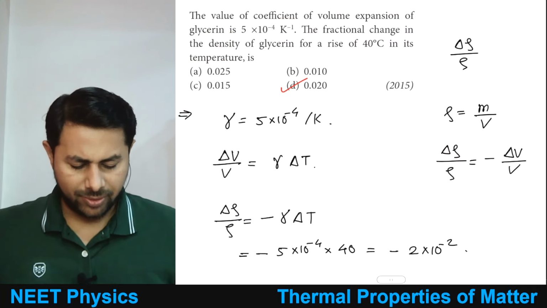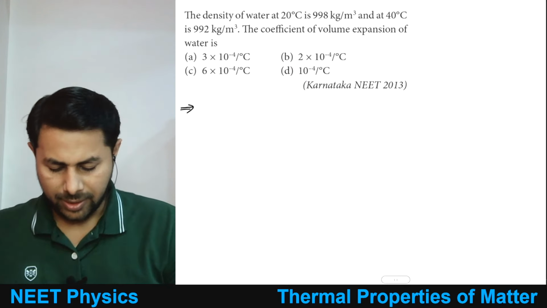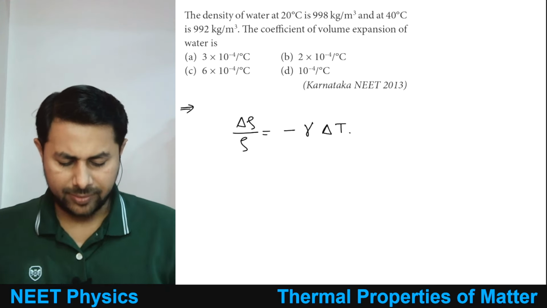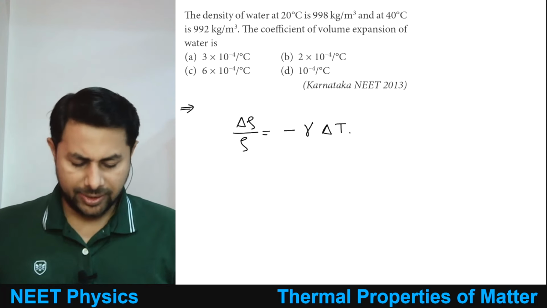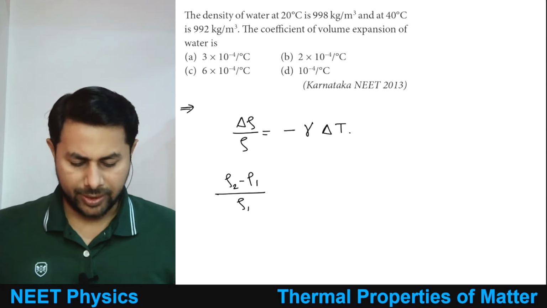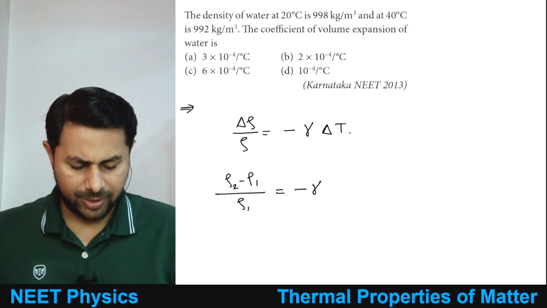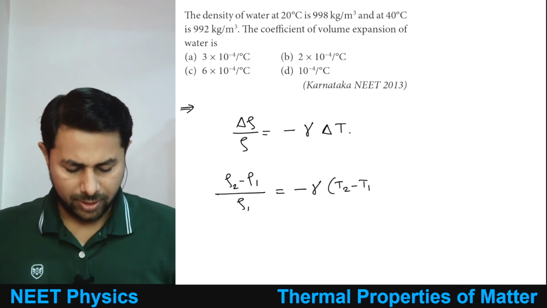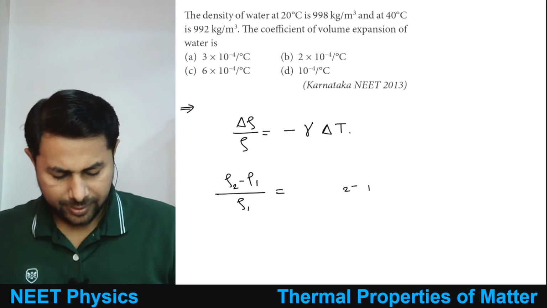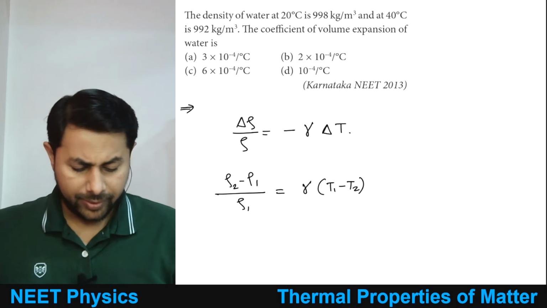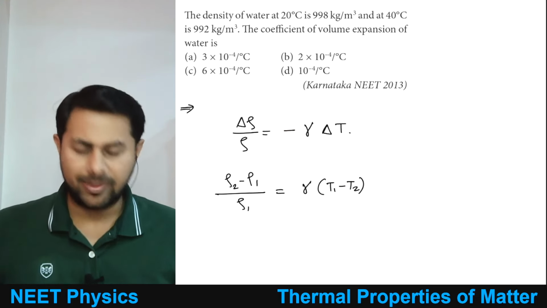We can make use of this formula: delta rho by rho is equal to minus gamma delta T. We substitute delta rho as rho 2 minus rho 1, divided by rho 1, equal to minus gamma multiplied by T2 minus T1.